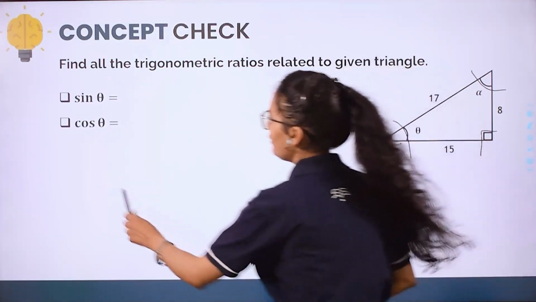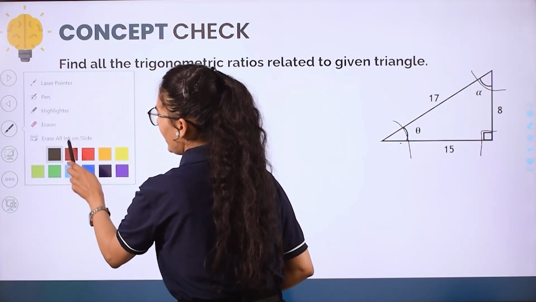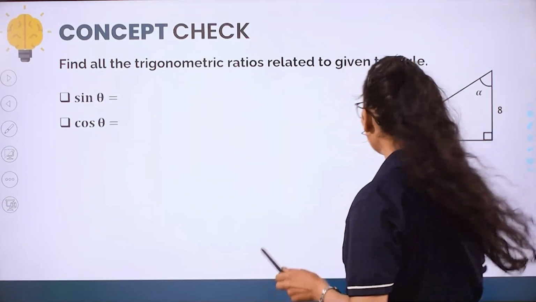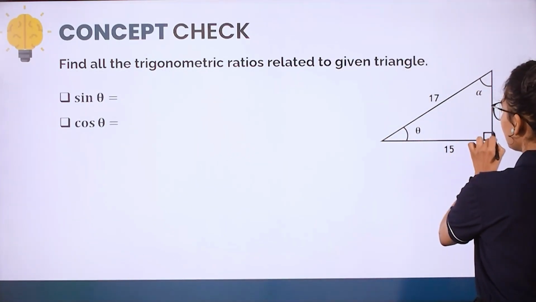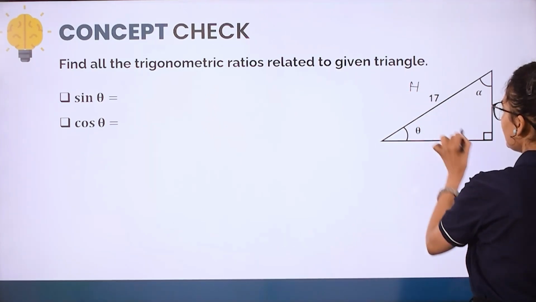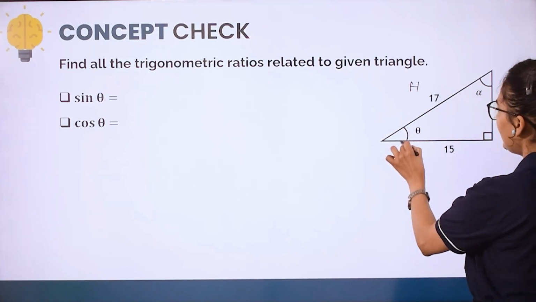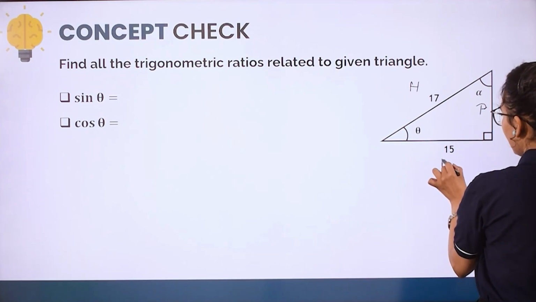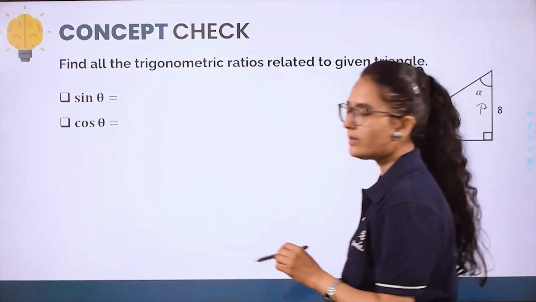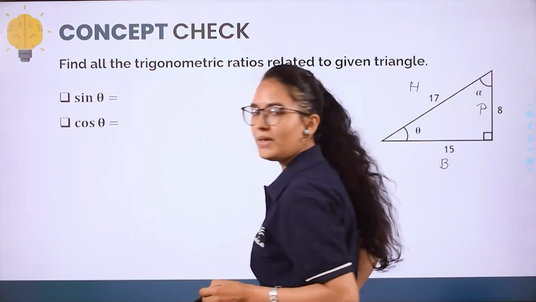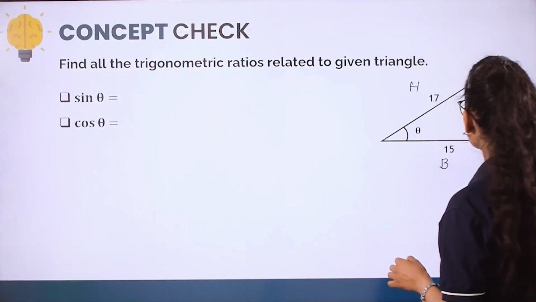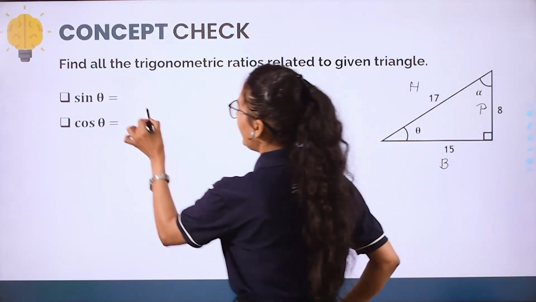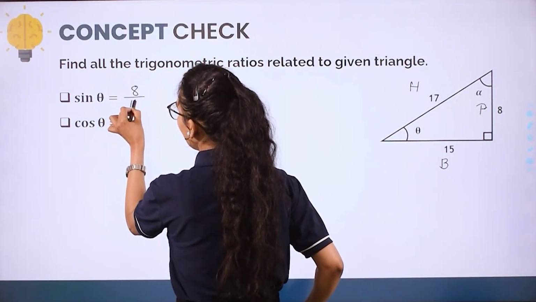According to theta, how do you decide the base, perpendicular and hypotenuse? This is fixed, the hypotenuse, opposite the 90-degree angle. Theta is the angle of reference. This is perpendicular and the remaining side is base. So let's quickly write the values. Now you remember, P by H means 8 by 17, right? So this is your 8 by 17.